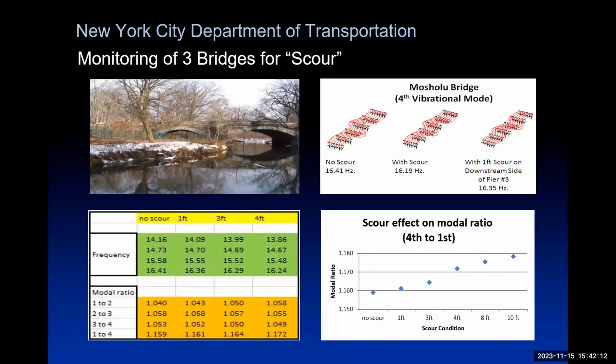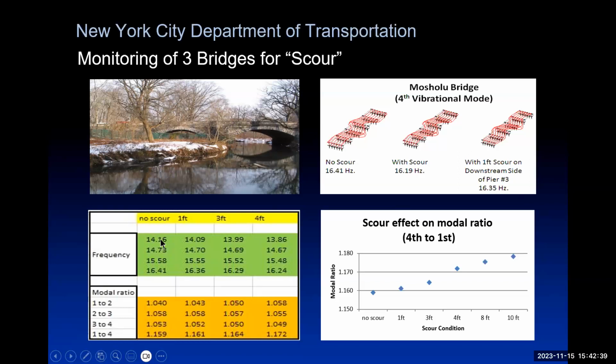And we looked at the Mosholu Bridge in New York City, we looked at the question of scour for this particular bridge and found a peculiarity. We simulated this particular bridge with scour of 1 foot, 3 feet, 4 feet occurring.